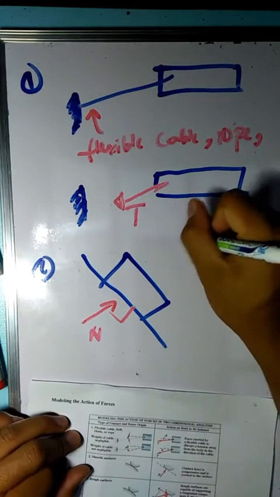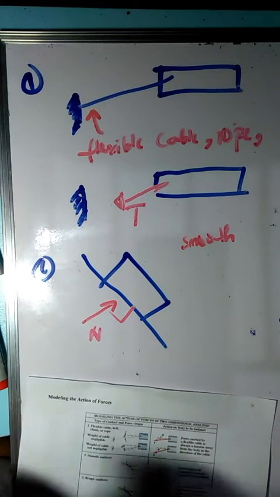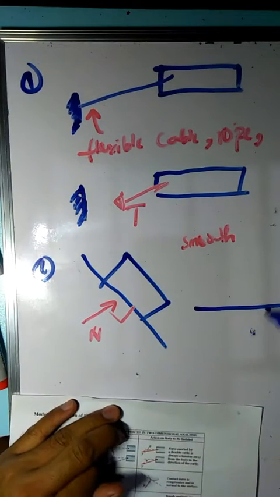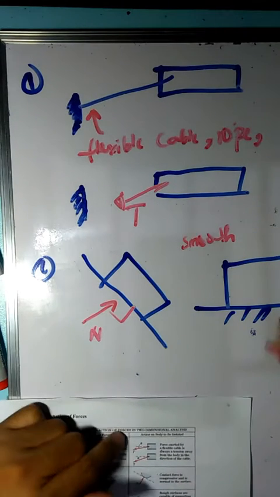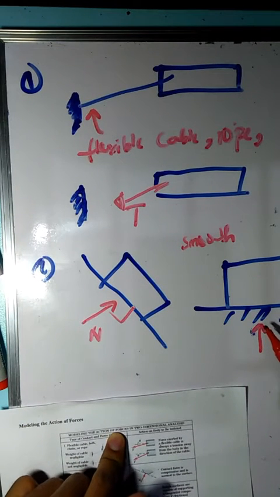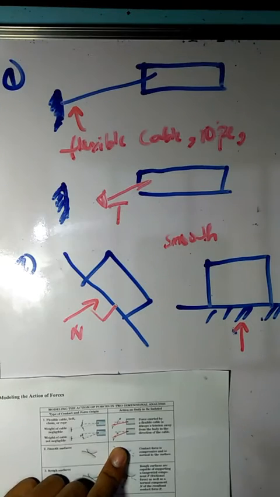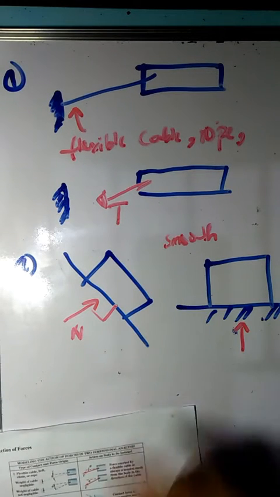This is for smooth surface. Okay. Example, ito yung box. Sa box na yan is mayroon dyang normal force that is perpendicular to this surface. So, normal to this surface. Yan yung kapag smooth yung surface na ito.